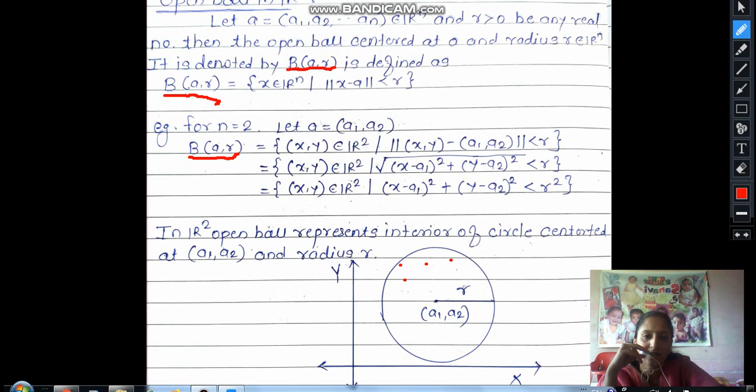But for a point on the circle, the distance between this point and the center is equal to r, so this point does not lie in that open ball. So the open ball contains only interior points of the circle. Correct? Get it? Okay.